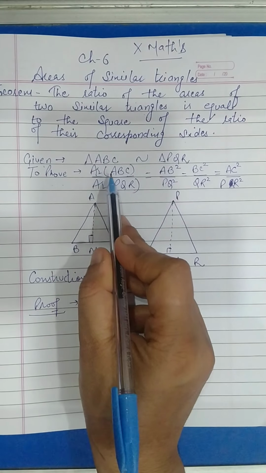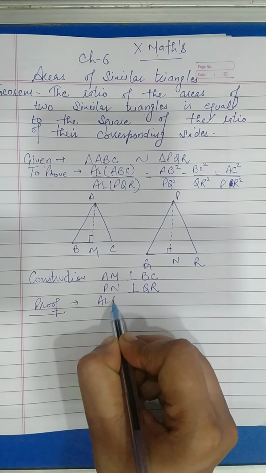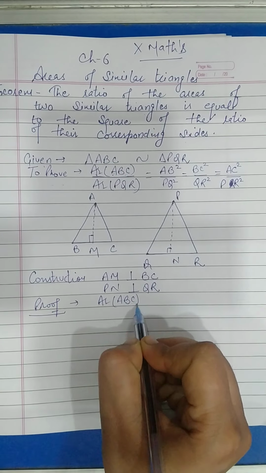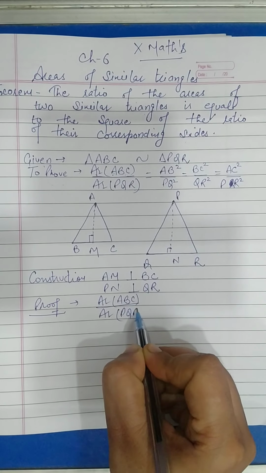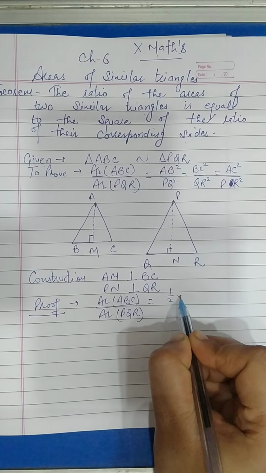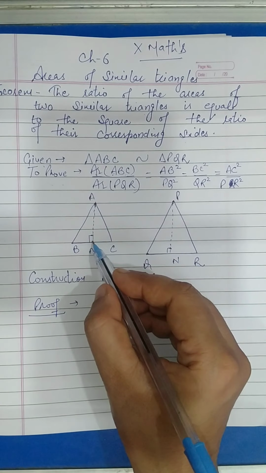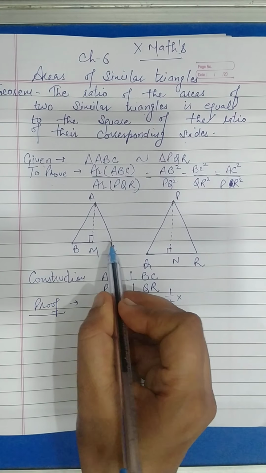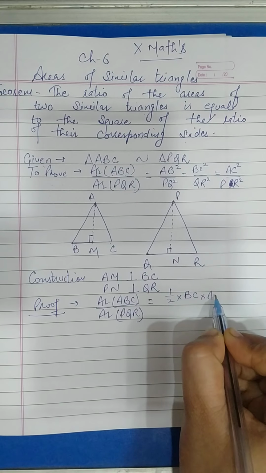Proof. Take the left hand side of what we have to prove: area of ABC divided by area of PQR. Area means half base into height. AM is the height, so BC is the base.